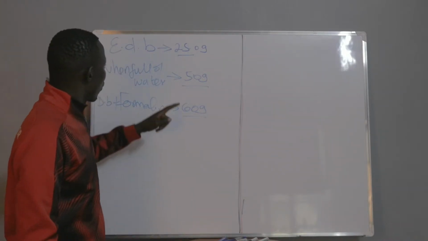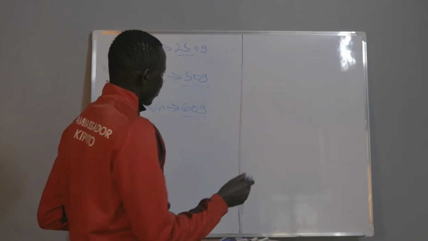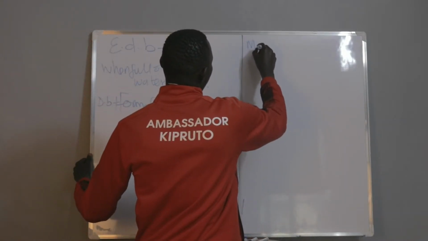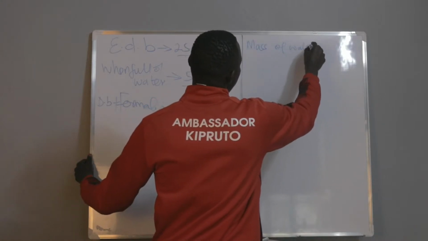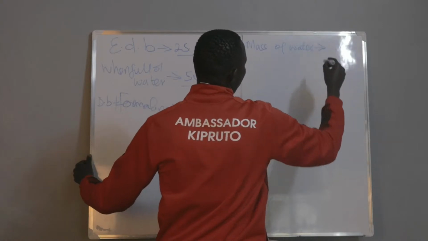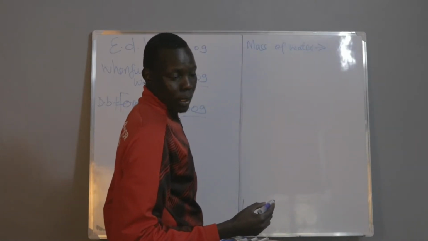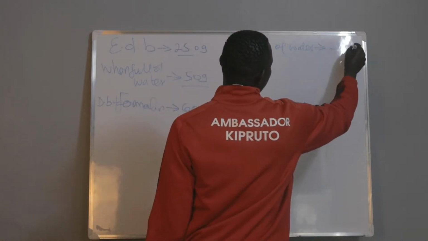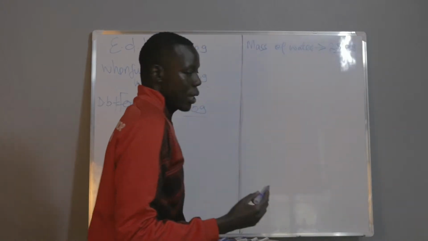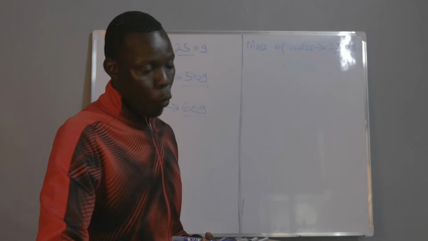When full of water is 50, when empty is 25, so the mass of water is 25 grams. The other question is the volume of water.